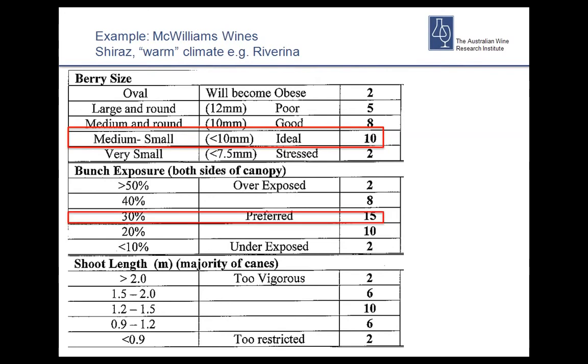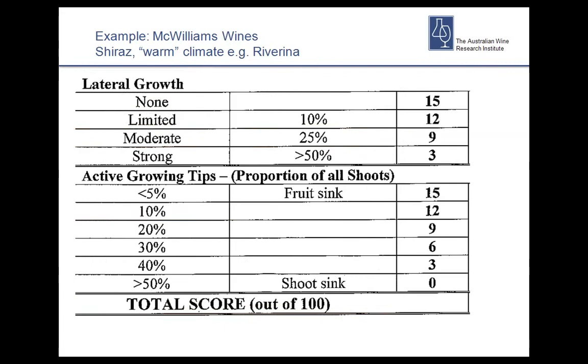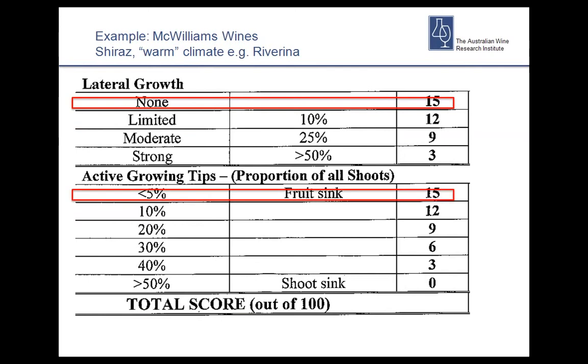For bunch exposure, they prefer about 30% in this particular environment. And for shoot length, the desirable shoot length is medium. Then finally, for lateral growth, they prefer no laterals, which generates the highest score, and for actively growing shoot tips, it is less than 5%. So the total score is out of 100, as you can see.